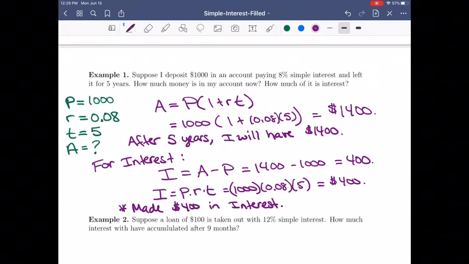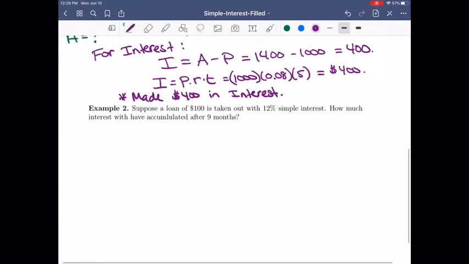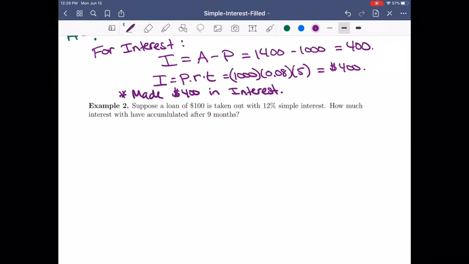Maybe I should just check that. Yeah, okay, good. Let's do one more example. Suppose I take out a loan of $100 and I have 12% simple interest. How much interest will have accumulated after 9 months?